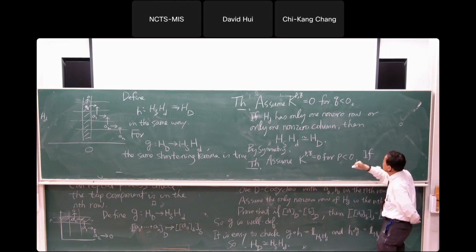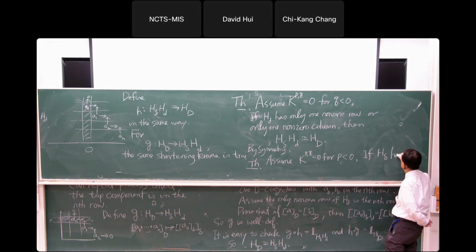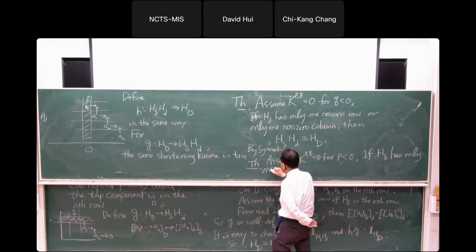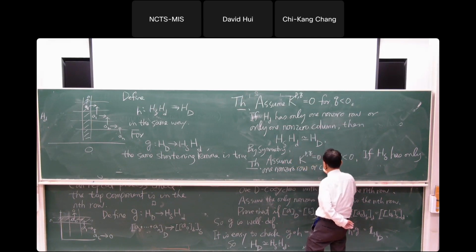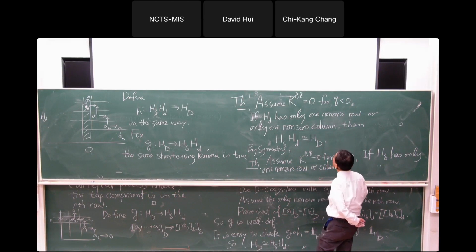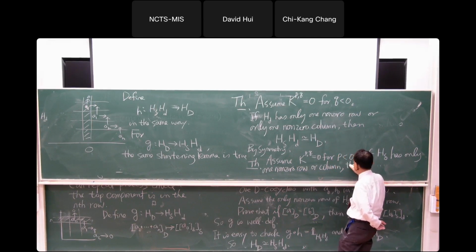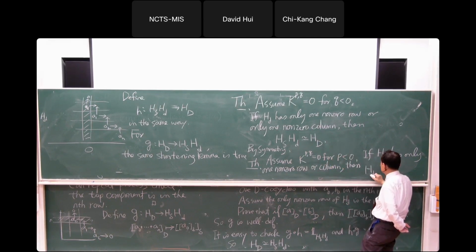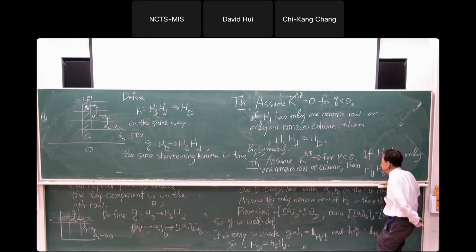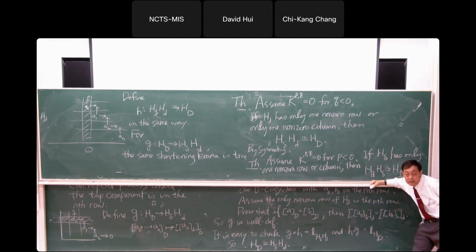So the theorem would be if H delta has only one non-zero row or column, then, switching delta and D, H D H delta is isomorphic to H big D. Okay.